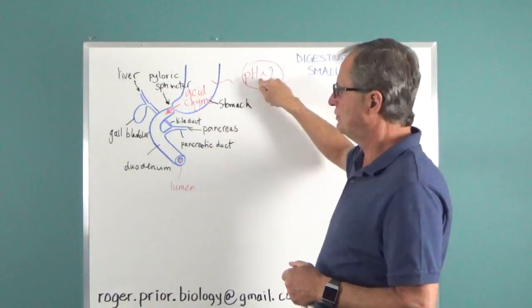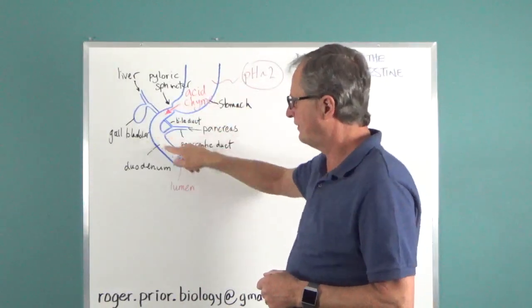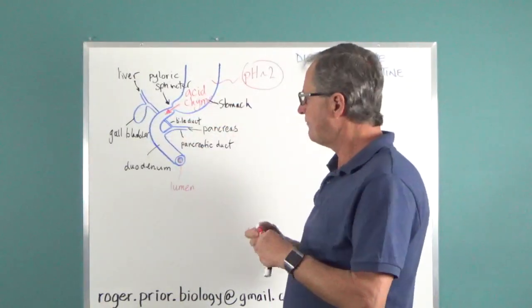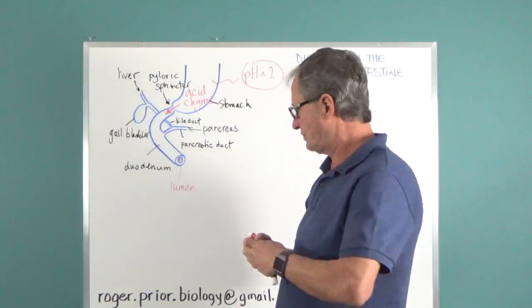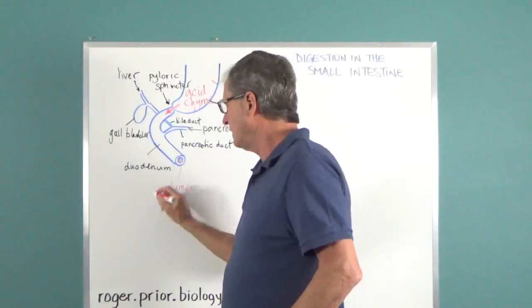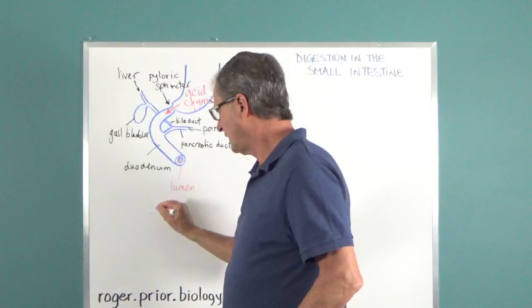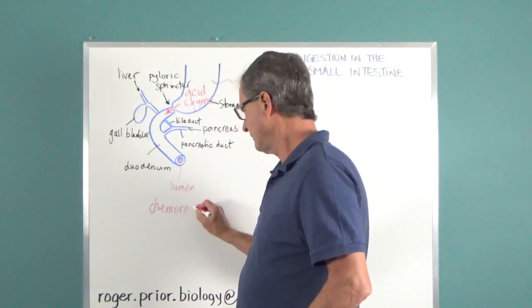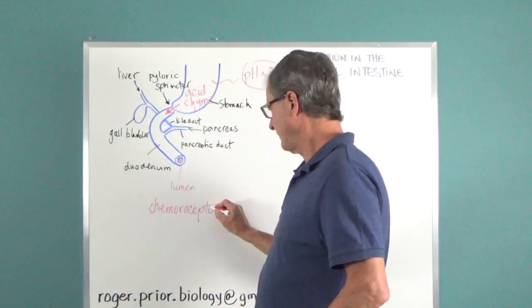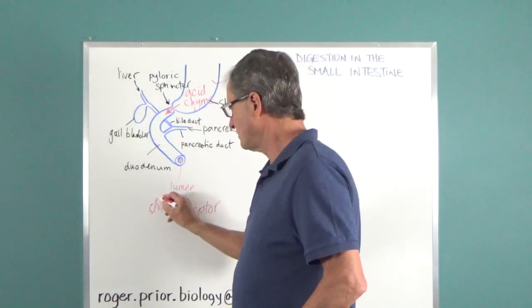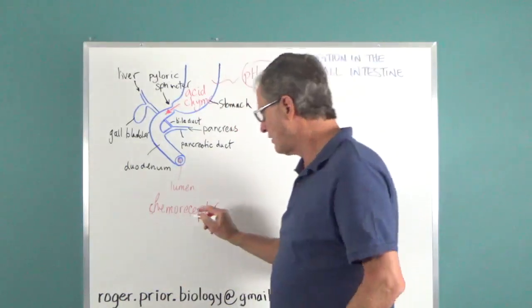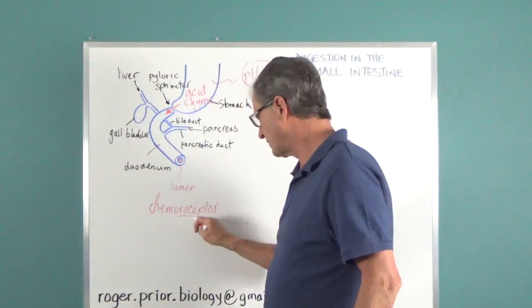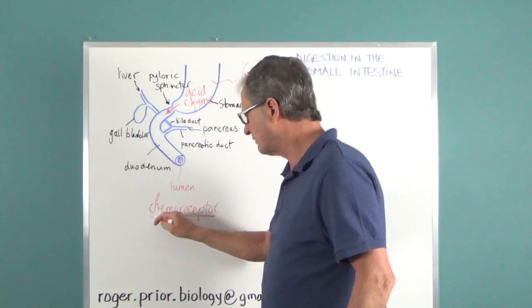This pH of 2 does some pretty different things in here. It affects chemoreceptors in the walls of the duodenum. Chemoreceptors, if we just look at the word, are nerve endings, so that's the receptor part, that are sensitive to chemicals.